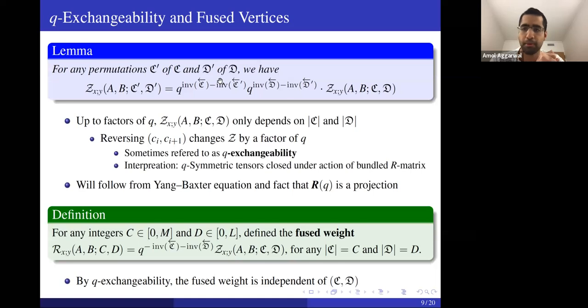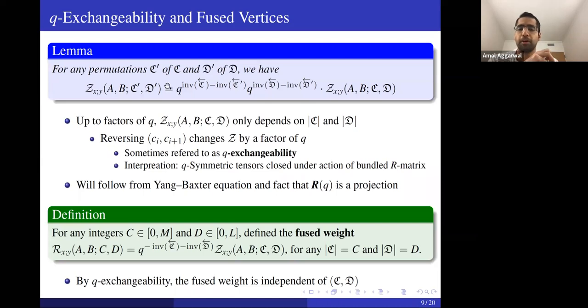And D prime has the same number of ones as D, but again, permuted. So the statement is that this Z that I just defined, with C prime and D prime, is the same as Z with C and D up to certain factors of q.